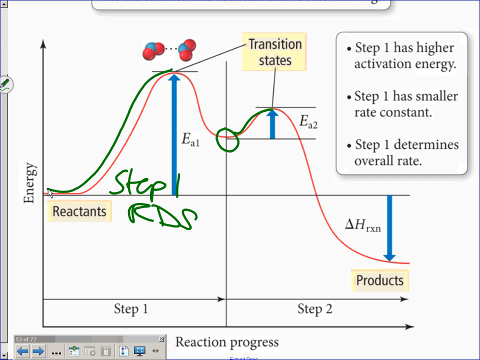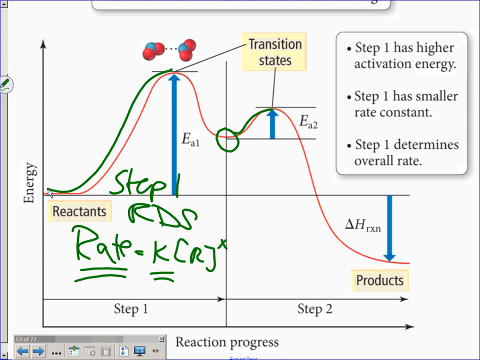Each of these steps can have their own rates associated with them, and so if it has a rate, it has a K value associated with it as well. So rate's equal to K times some sort of reactant to the X power. Well, rate itself is directly related to K, the rate constant. So if the rate is slow, the K is also low.